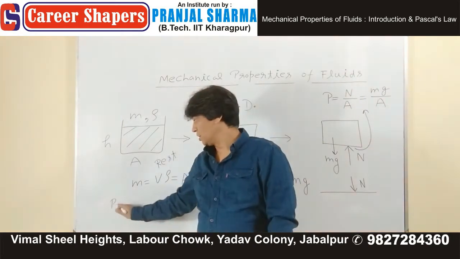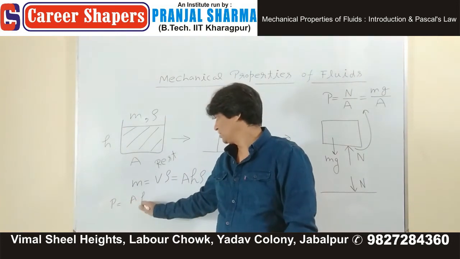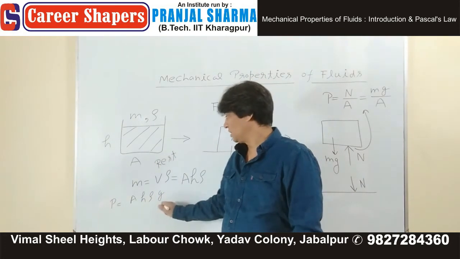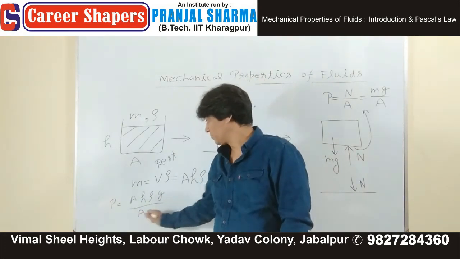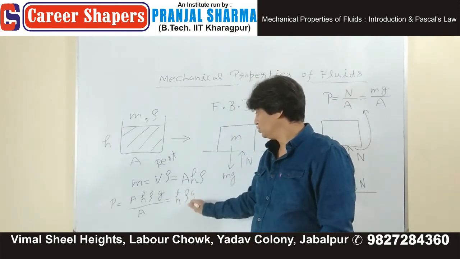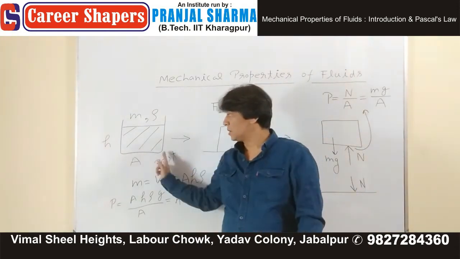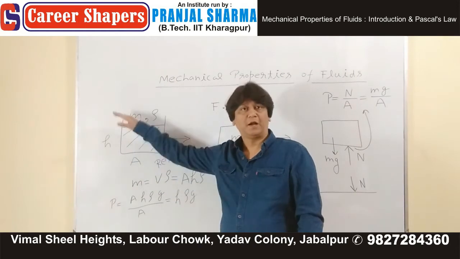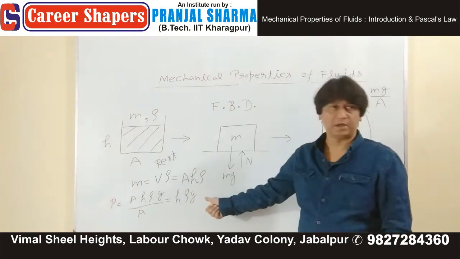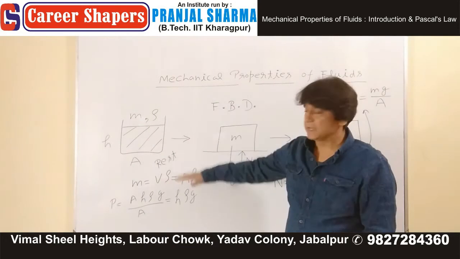Pressure, therefore, is A h rho, this is mass, multiplied by g, divided by A, or h rho g. So pressure is h rho g, provided the beaker is at rest.